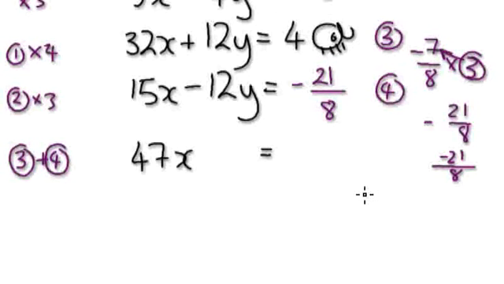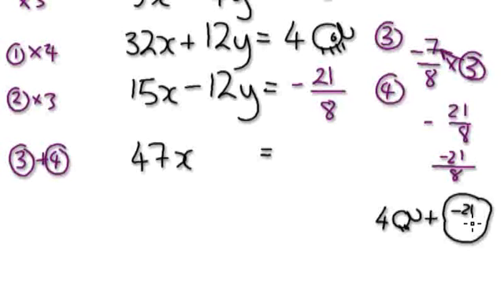Okay, so hang on, let me think. It's this added to this. So that's the same as me doing 4 elephants, and then add this negative number here, minus 21 over 8, and then I can actually take the minus out and put it out here.